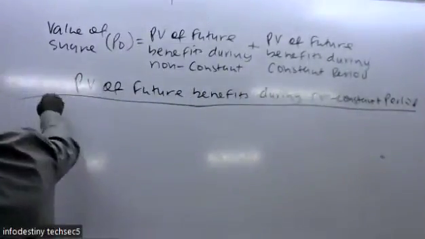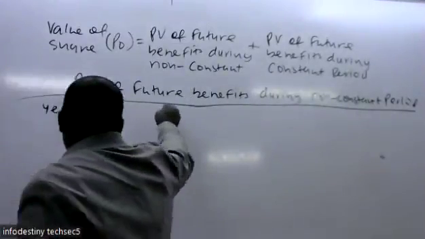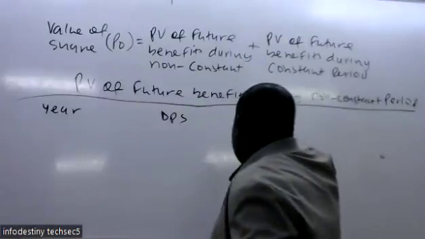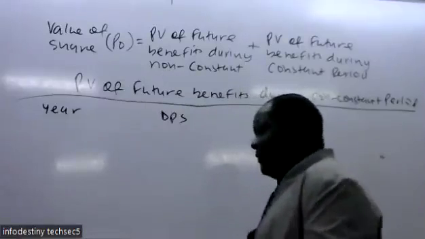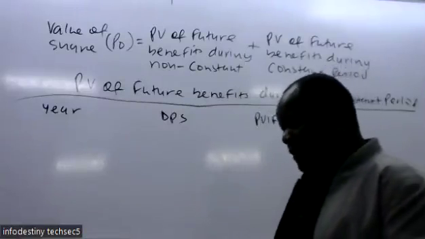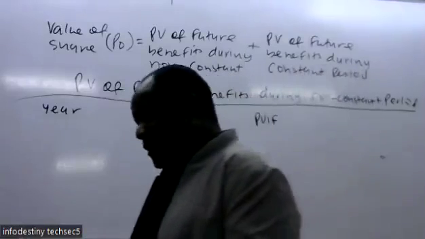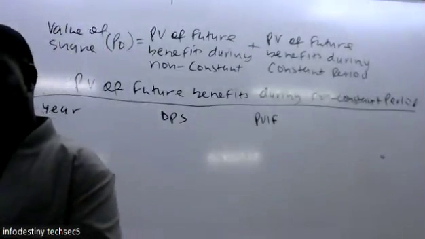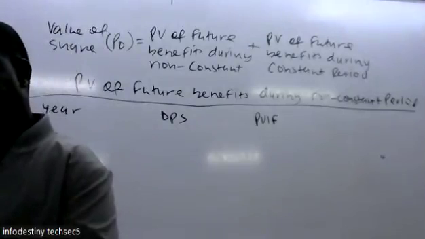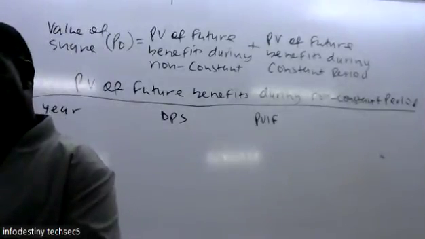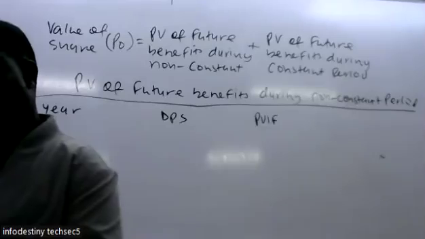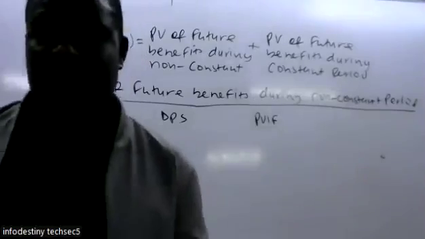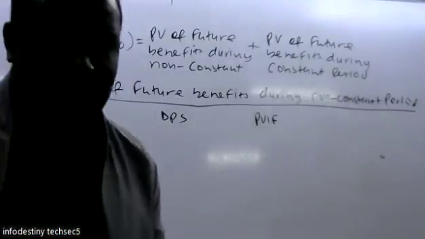We shall be having the year, then dividend per share, then the present value interest factor. So we need to come up with that particular cost of capital.